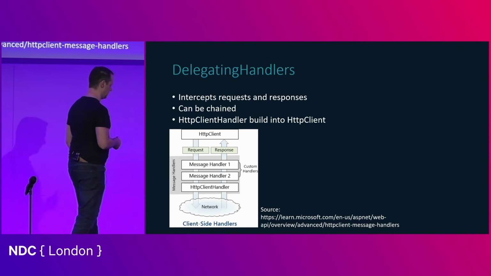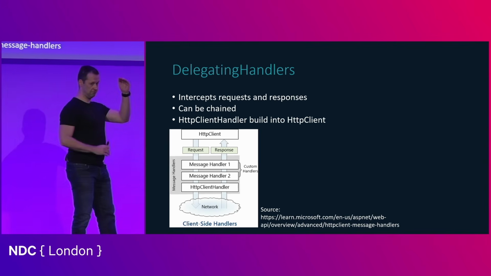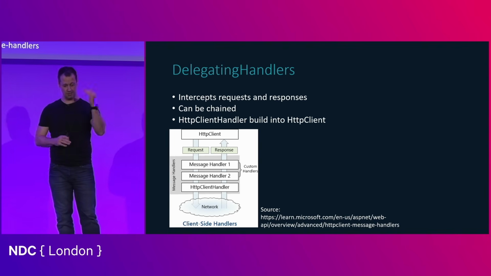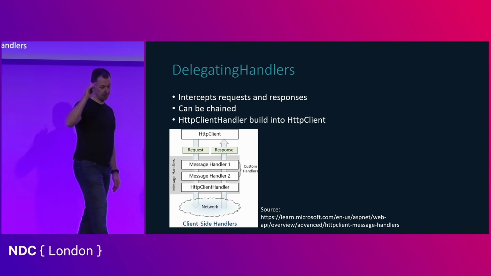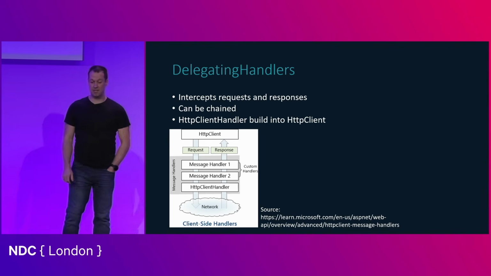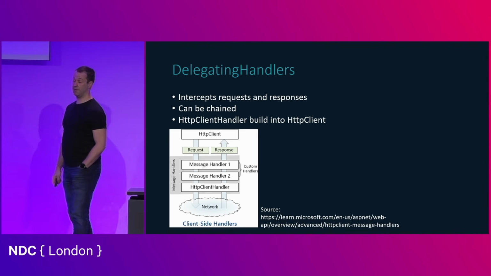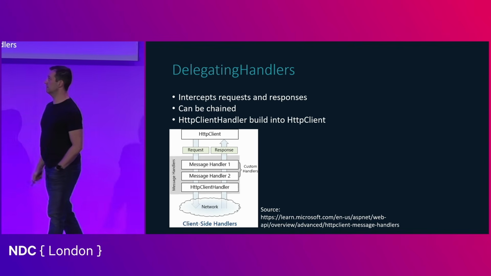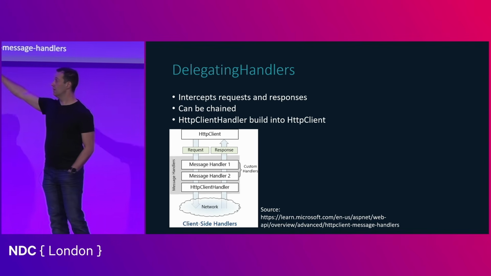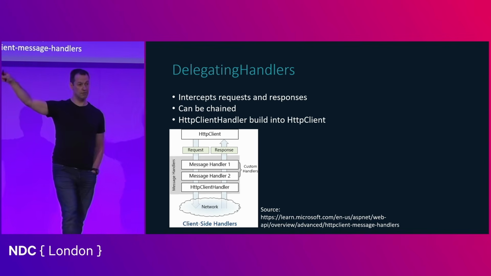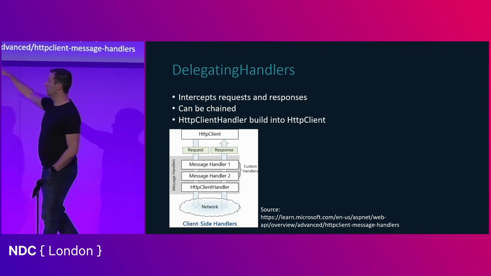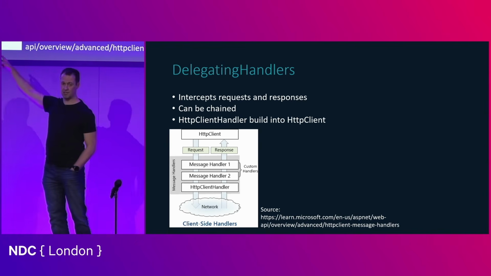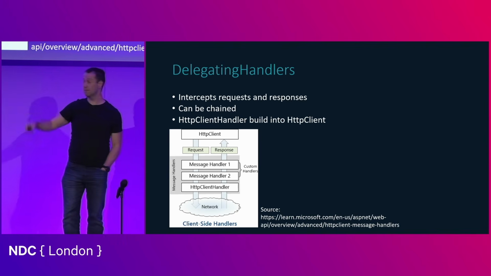Those handlers can also be chained. You can have, I think, as many as you want. I didn't go look for the maximum, but you can chain them. And the HttpClientHandler is a part of the HttpClient. That's kind of built in. Now, if you look at the schematic here, your request comes in, goes through message handler 1, through message handler 2, through whatever HttpClientHandler, which is the default one that handles the actual thing.